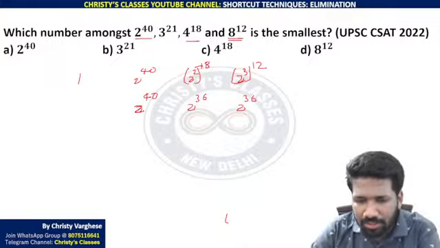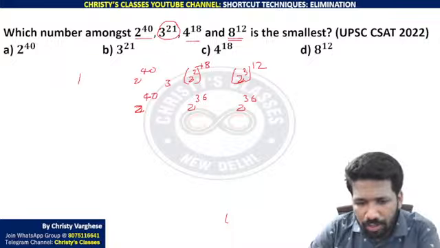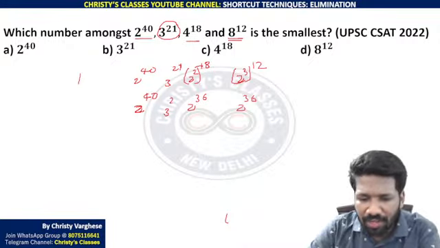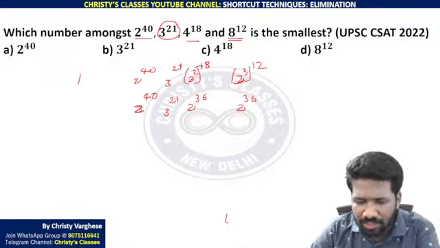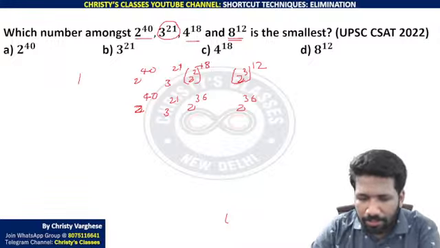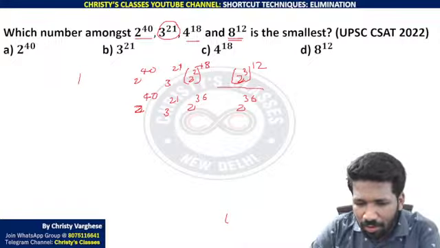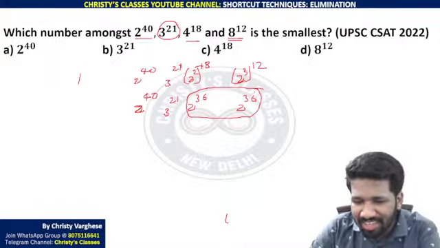Now look at this. The question is asking for the smallest, na? 3 raised to 21 and 2 raised to 40. 3 raised to 21 we haven't simplified, because simplifying in terms of 2 is very difficult there. That is why we just kept it as 3 raised to 21 itself. Now, the smallest cannot be these two because both are the same.